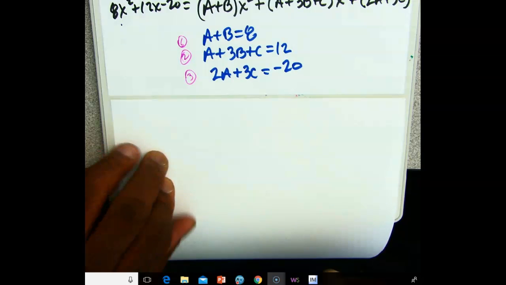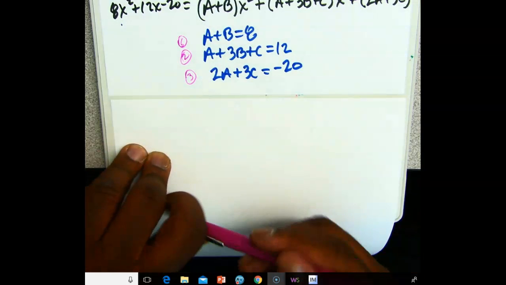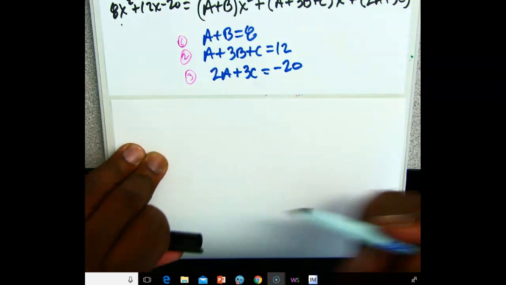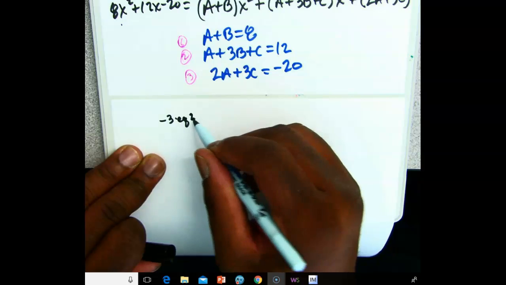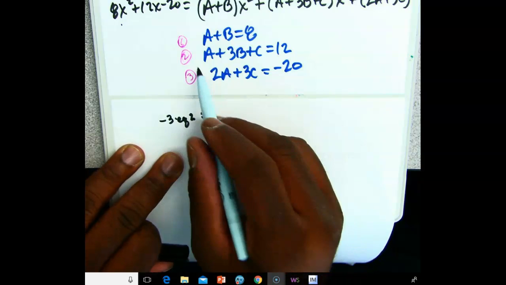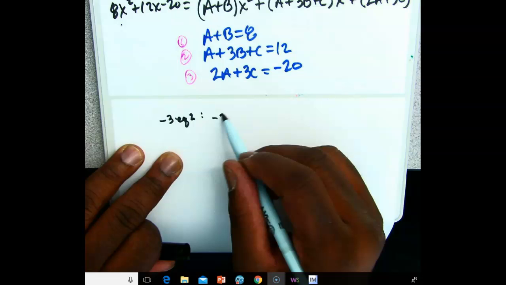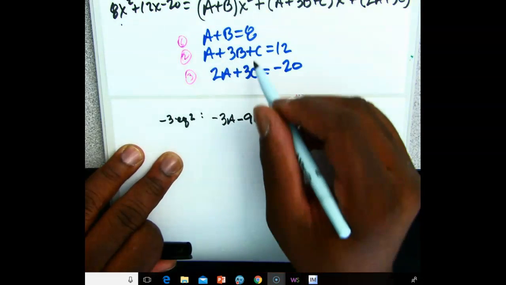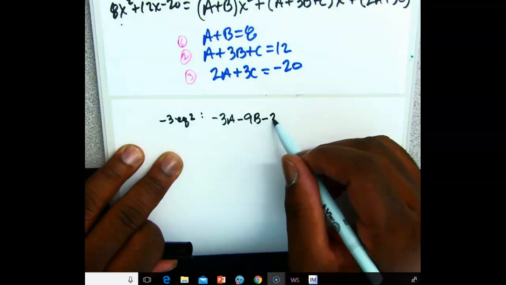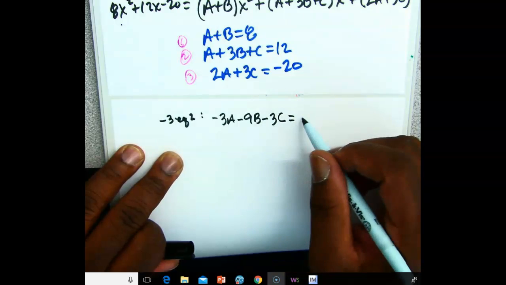Okay, so if we multiply the second equation by negative 3, that would be negative 3 times equation 2, and that's going to give us negative 3a minus 9b minus 3c, and that's equal to negative 36.